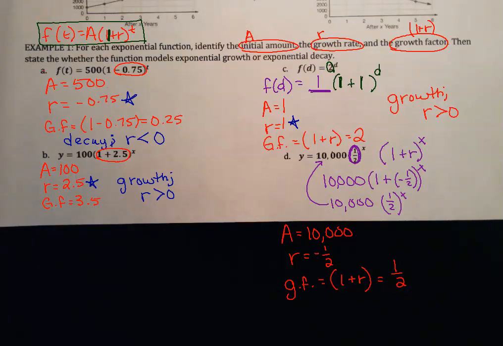So is this one representing exponential growth or exponential decay? Perfect. This one is decay, because r is less than 0. It's negative 1/2. Very good. So we're just picking those elements out at the moment.